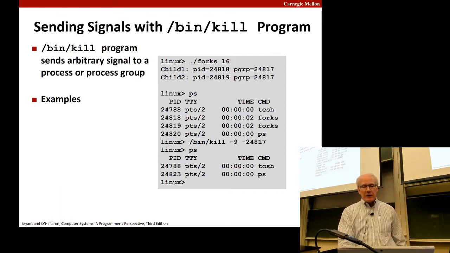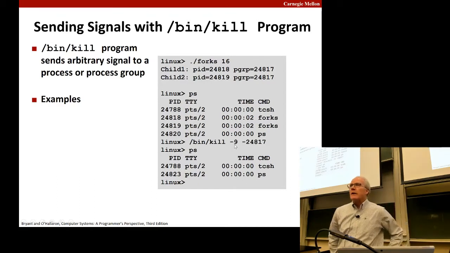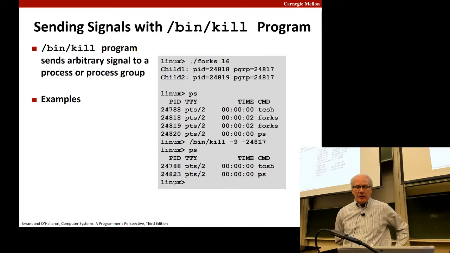With the kill command, the default is that you just say kill and give a process ID. But the more exotic version is if you give a negative number as the first argument, then that's actually the signal type.